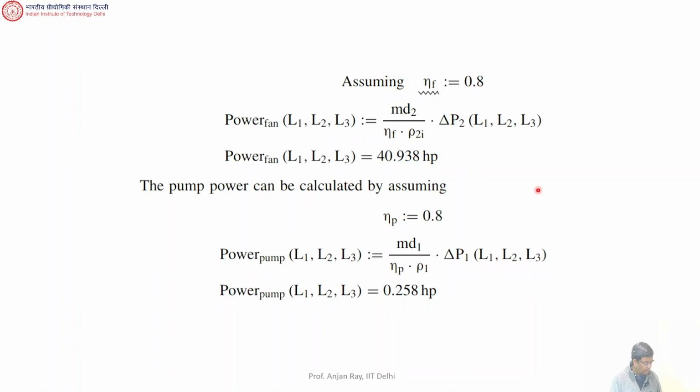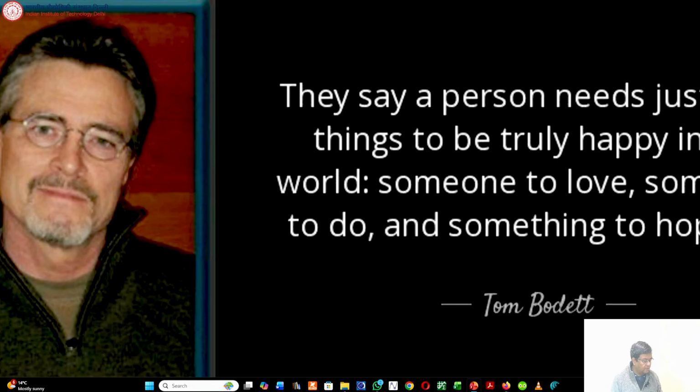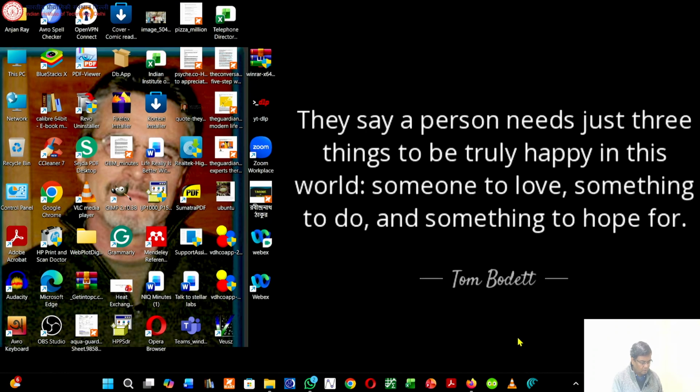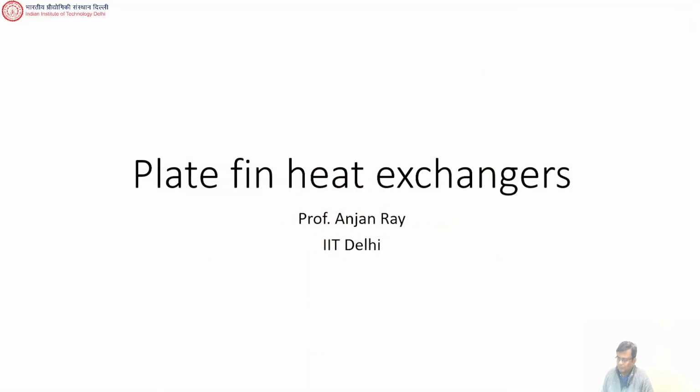Right. So we have about 20 minutes. And in these 20 minutes, we'll like to look at the third heat exchanger that we are talking about. So we have done shell and tube heat exchanger, and we have also done finned tube heat exchangers. So now we'll talk about plate fin heat exchangers. This is a bit more complicated when it comes to geometry.